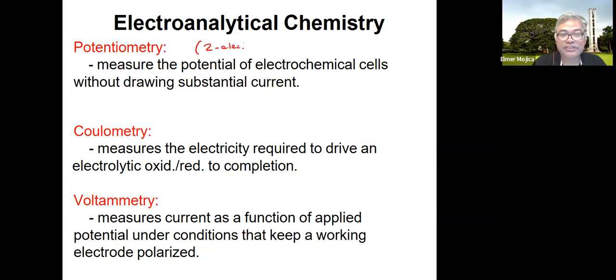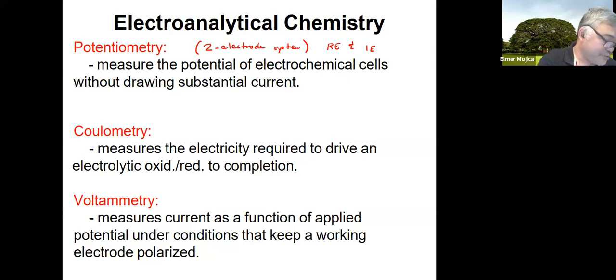Two electrode system. So it's a reference electrode and an indicator electrode. Okay, so it determines the concentration of the analyte.